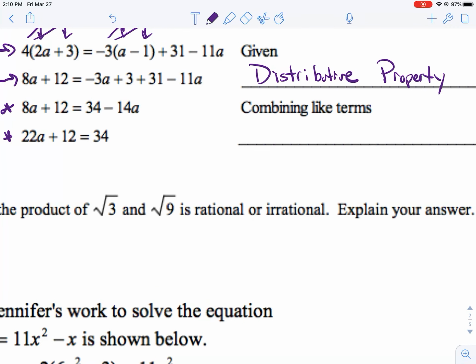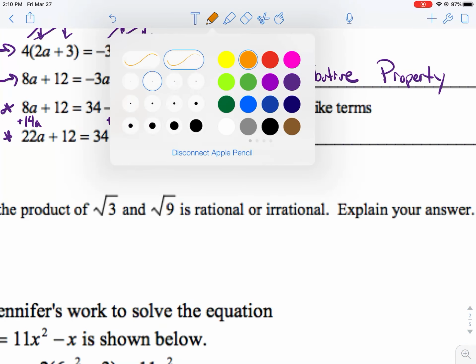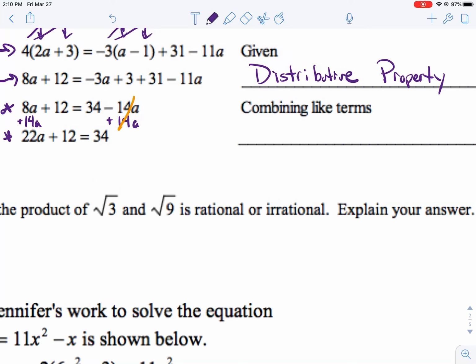When you add 14a to both sides, these cancel over here, and this becomes 22a. So what they did was they added 14a to both sides, so they used the addition property of equality, or the APOE.